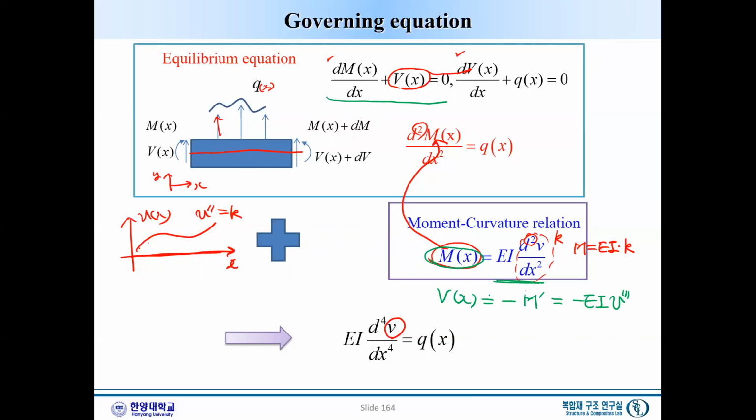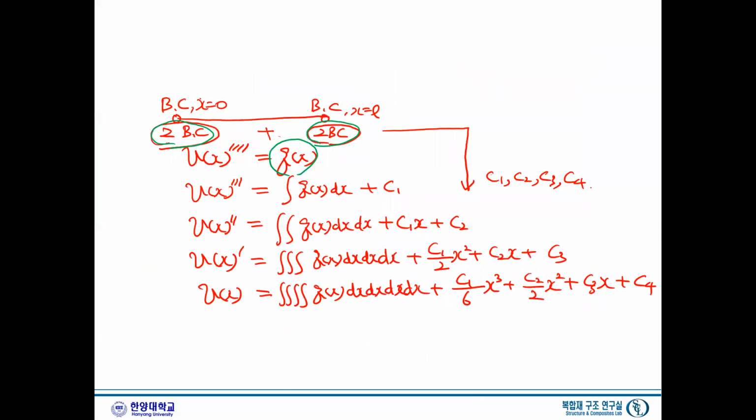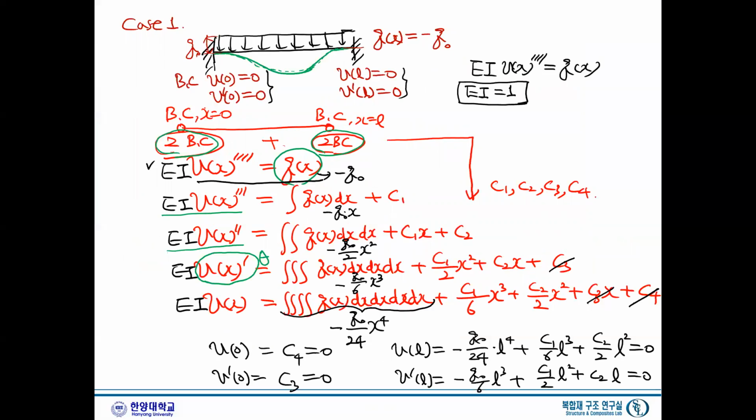Okay, so very interestingly, EI second derivative of V is the moment, and EI third derivative will be the shear force of V as a function of X. So this is a very important relation. V was just a geometrical deflection, but this one is simply moment M(x) given as a function of X. And now this one is minus V(x), the shear force, which exists at each cross section.